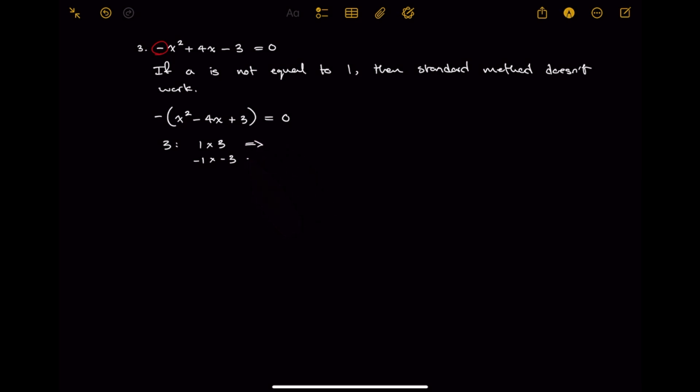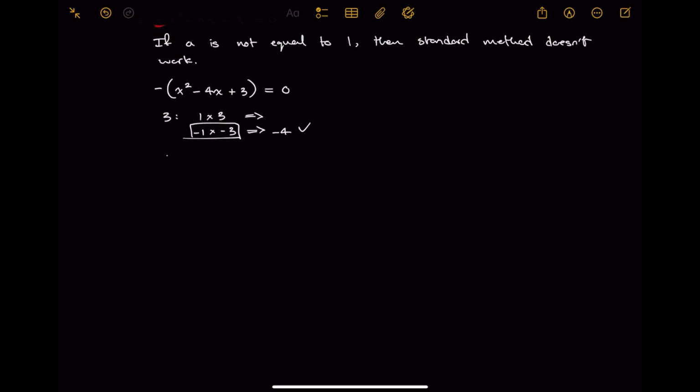And of these two different pairs, only one of them adds to negative 4, which is this guy. So this is our pair. And from here on, we can place this quadratic equation into factored form. And always remember this negative 1 over here. It doesn't just disappear.